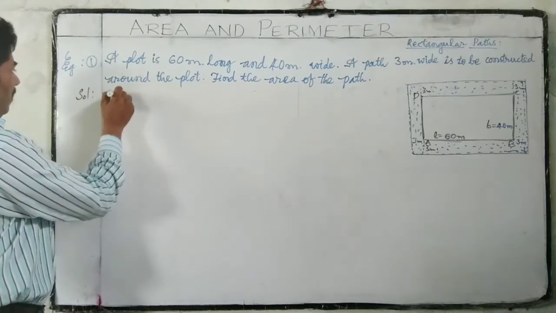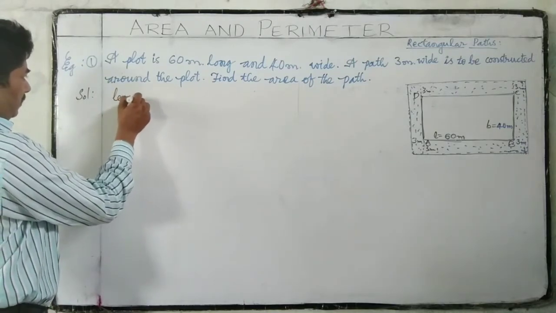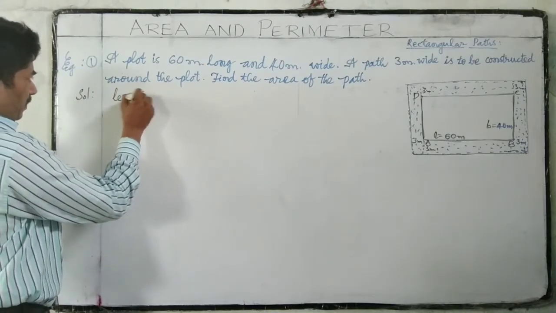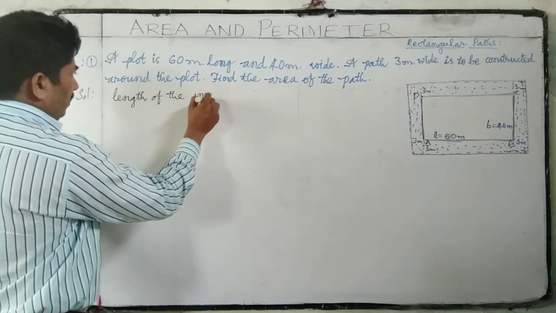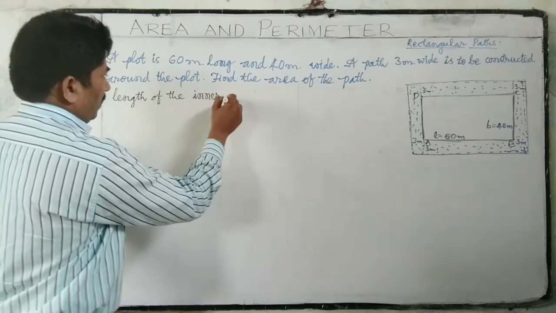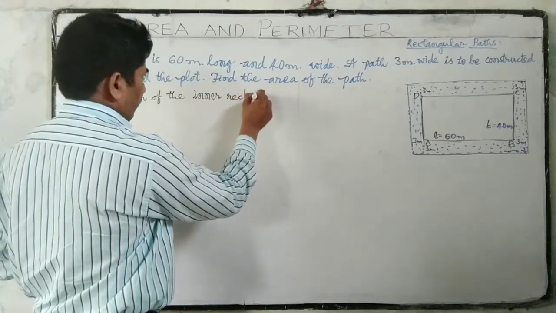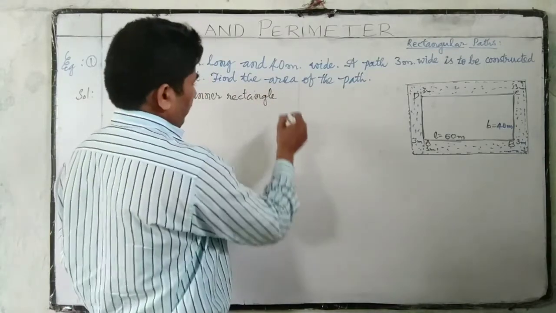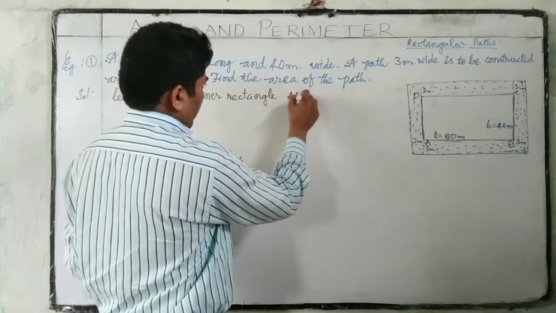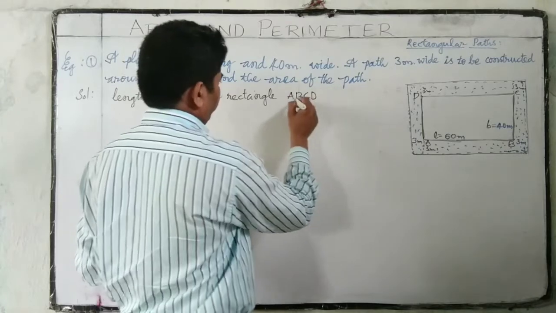First, length of the inner rectangle ABCD.